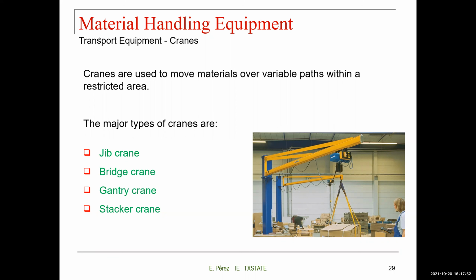Again, you can move that material up and down, or you can move it horizontally or vertically. But again, you have a specific limited area. It's not that you can cover a big area. You have an area you can cover, and you can move the materials that you want to move.